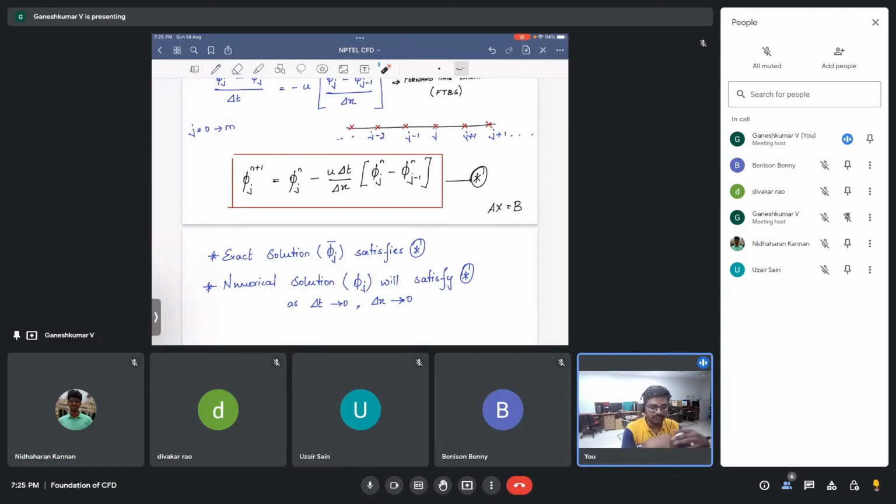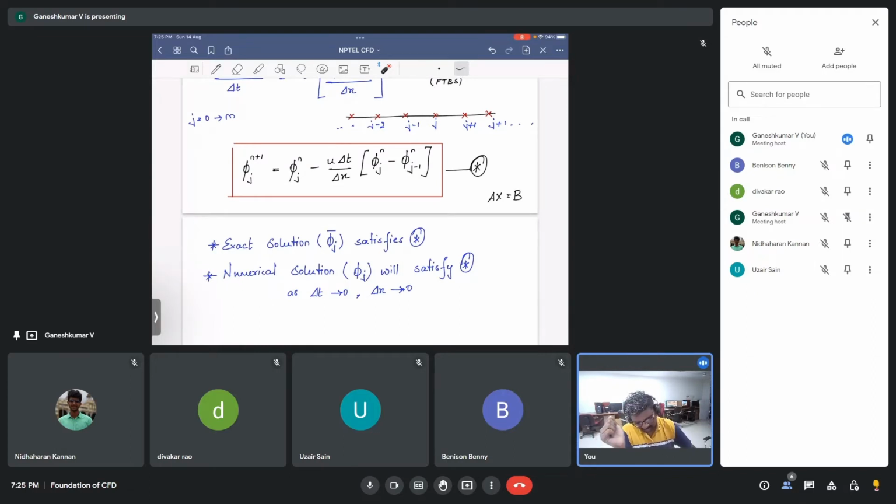That is how we usually solve in any software as well. That's why we discretize: we couldn't solve the PDE, so we convert it into a bunch of algebraic equations and solve those.